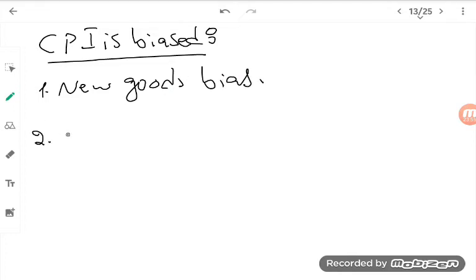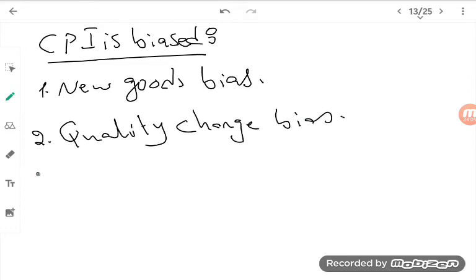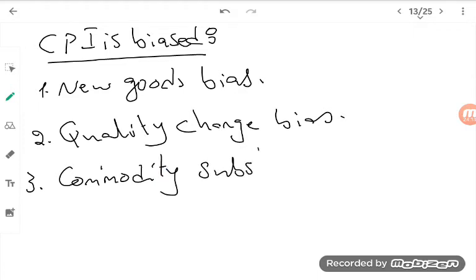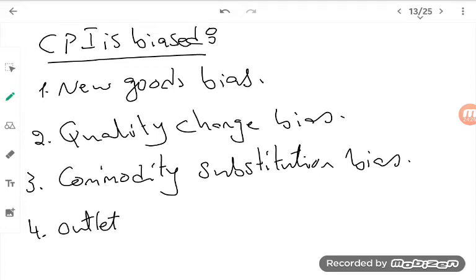Number 2, quality change bias. Number 3, commodity substitution bias. And finally, number 4, outlet substitution bias.